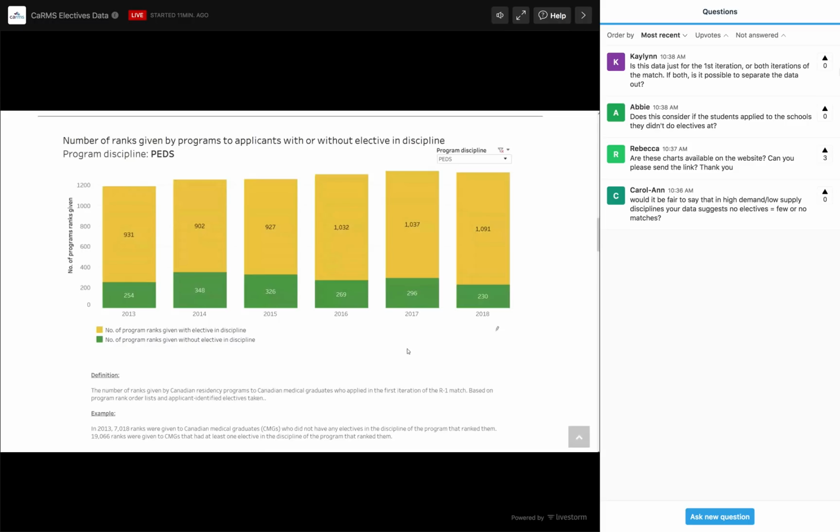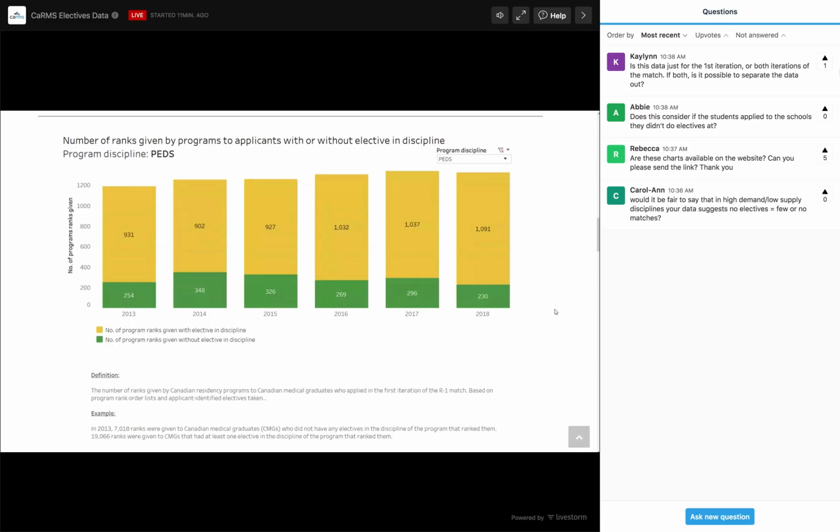So it doesn't really indicate application in particular, although if a person doesn't apply to a program, they certainly will not be considered, and they certainly won't be ranked, and certainly wouldn't match. So I guess to that extent there is a bit of a continuum to it. So I think that's the answer to that question. And Abby, if I didn't quite nail the intent of your question, certainly feel free to send us a note, and we'll follow up on it.